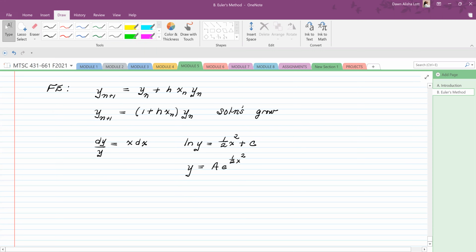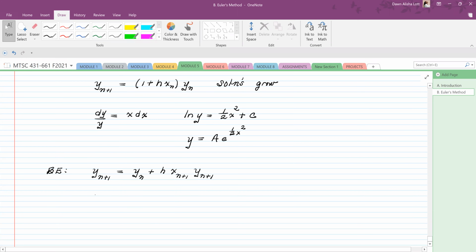But if I use backward Euler, I would have y n plus 1 would equal y n plus h times x n plus 1, y n plus 1. So now I get y n plus 1 minus h x n plus 1, y n plus 1 is equal to y n.